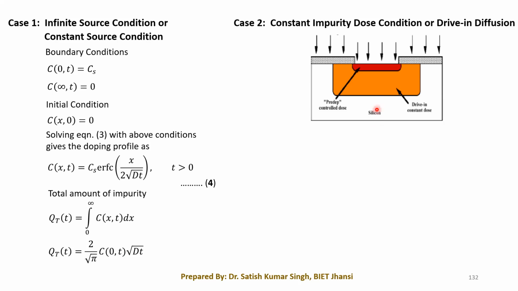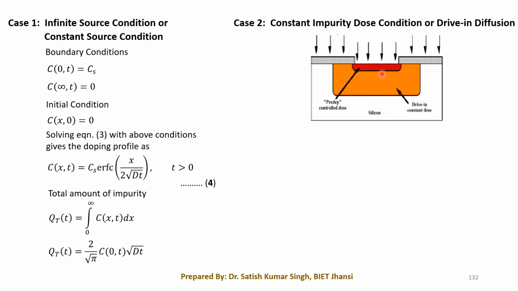Whatever impurities have diffused during the pre-deposition, let us say they are diffused up to this depth, a very small depth. Indeed, it is generally less than 1 micrometer. So this diffusion depth is very small, and initially all the impurity atoms are available just near the surface.